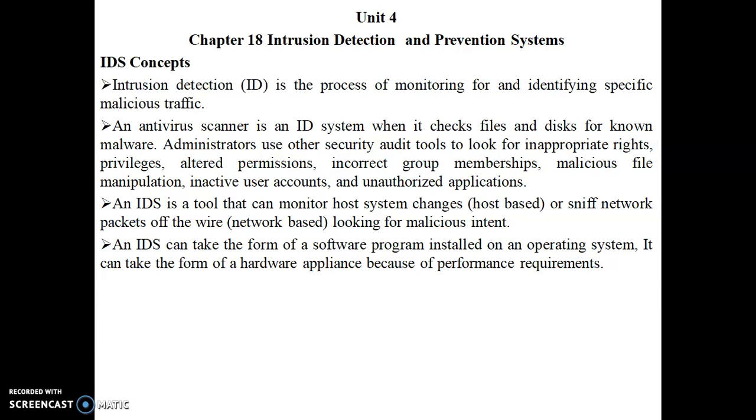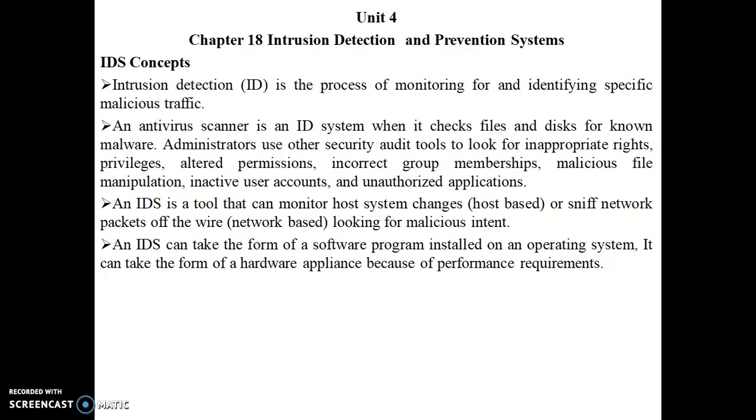Now, IDS is considered a tool that can monitor host system changes or sniff network packets off the wire. What do you mean by sniffing? Sniffing is a type of attack, taking or stealing information without the knowledge of the user. If a sender A is sending data and a receiver is expected to receive it, and in between an intercept is present, the intercept could be an attacker who can easily steal the data.